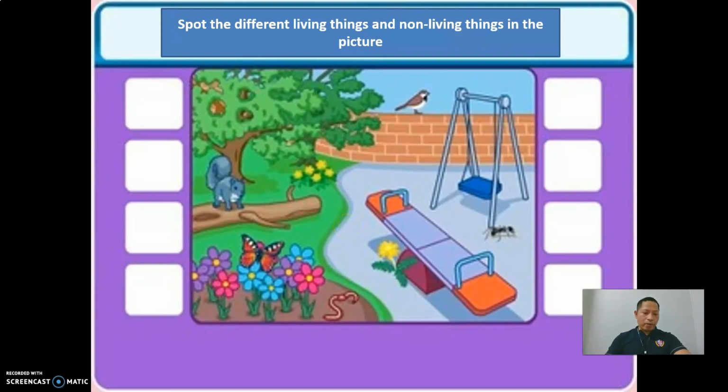So we have only 3 minutes left. Find first the picture and write on a piece of paper the names of the living things, and also the names of the non-living things that you can find in the picture. Then after this, we will have also a simple game.